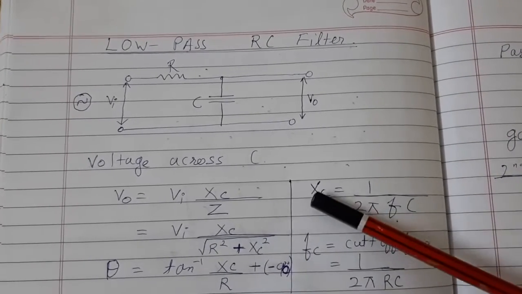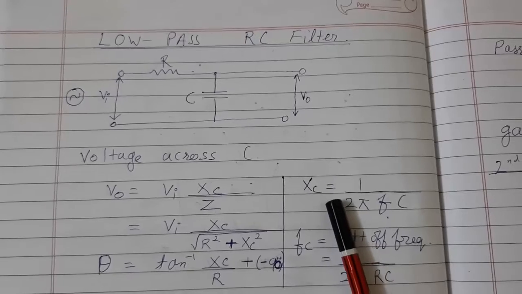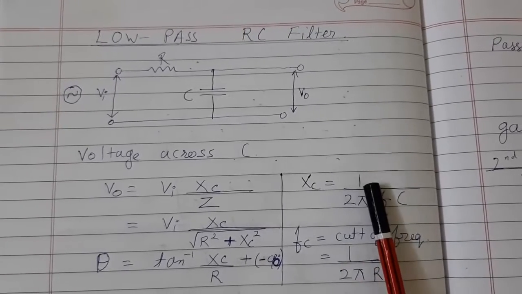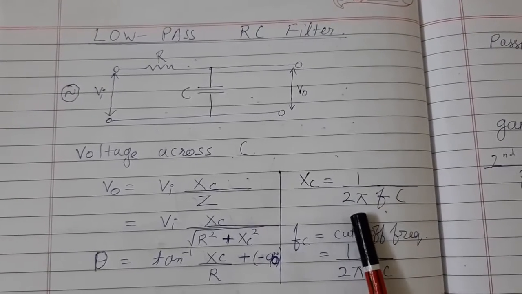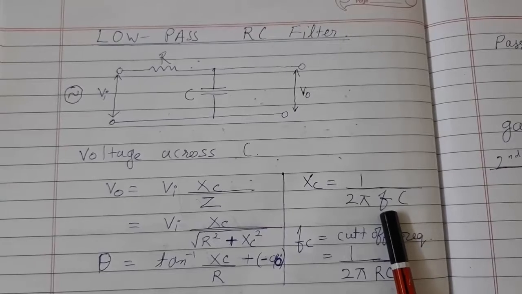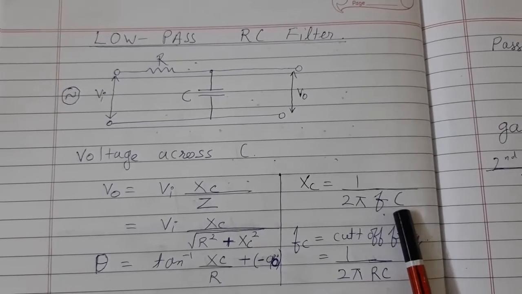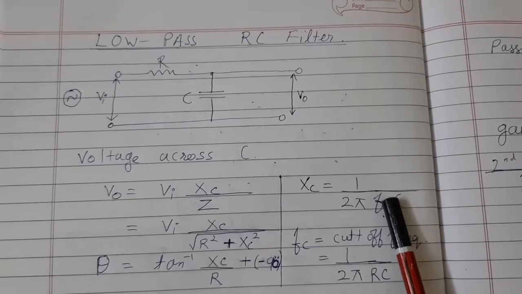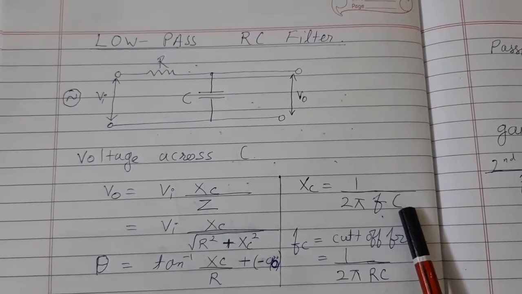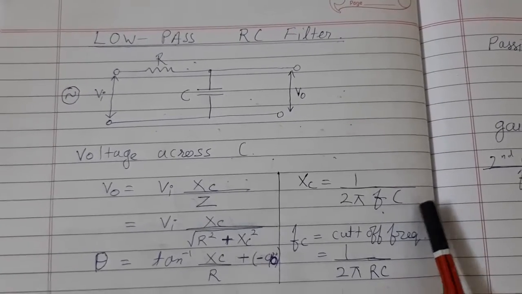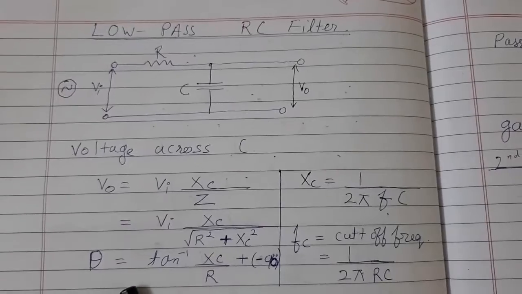The formula for the reactance is 1 divided by 2 pi f C, where f is the frequency of the input signal, and C is the capacitor's capacitance in milli, micro, nano or picofarads.